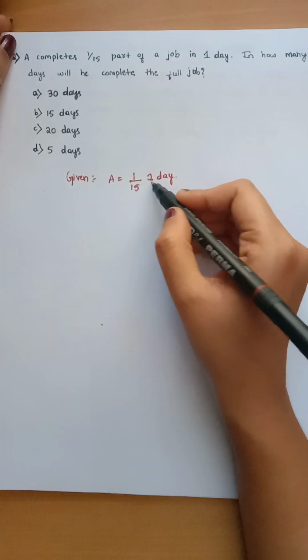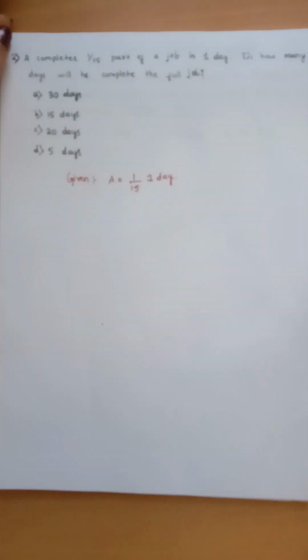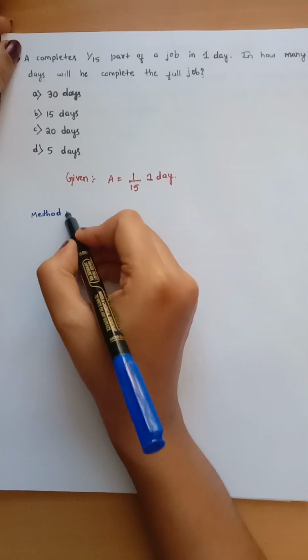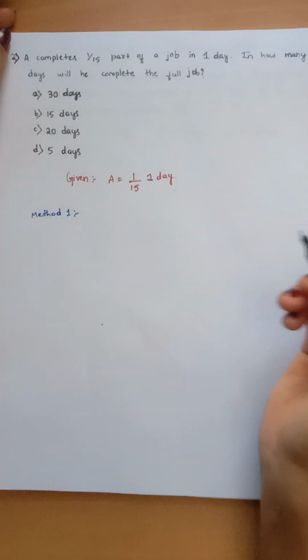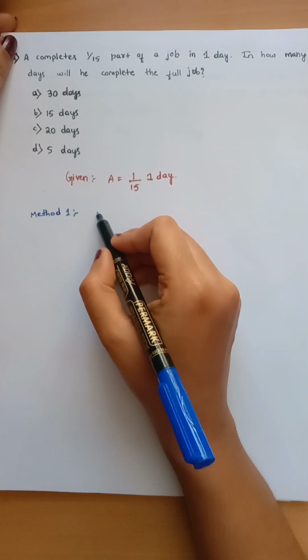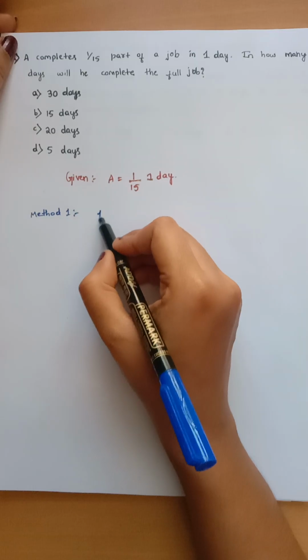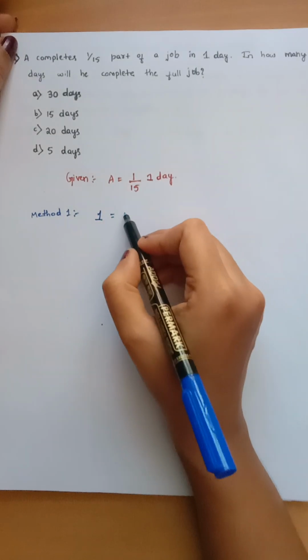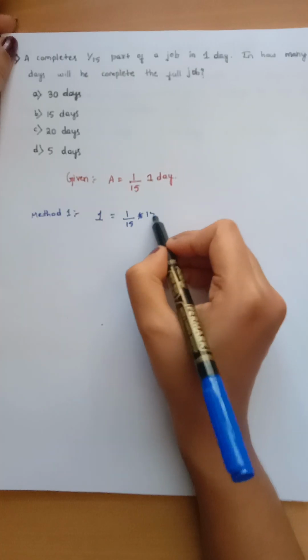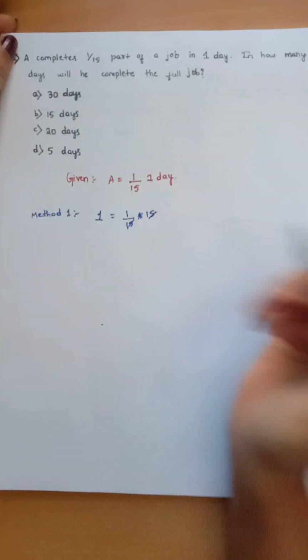Here we already have got 15 days. So method 1 to solve this question. It's simple. Whenever the task is full, we will consider it as 1, and 1 by 15 into 15 makes it 1.